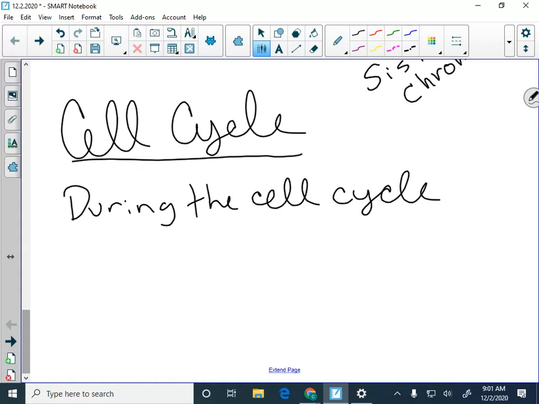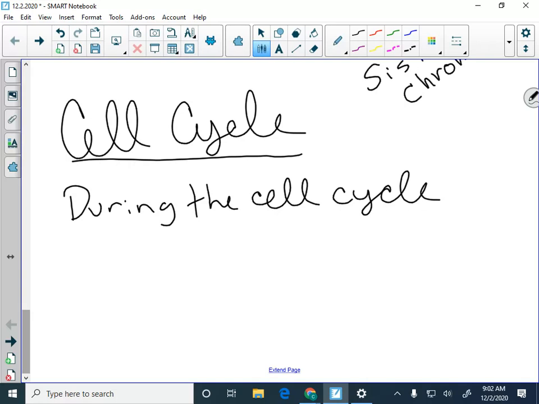So just like a butterfly's life cycle is larva, caterpillar, cocoon, butterfly, a cell's life cycle is grow, prep, divide, new cell, all over again.